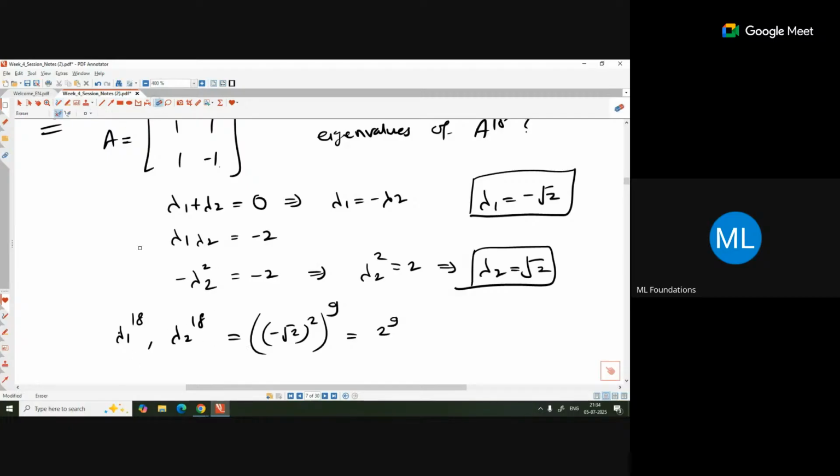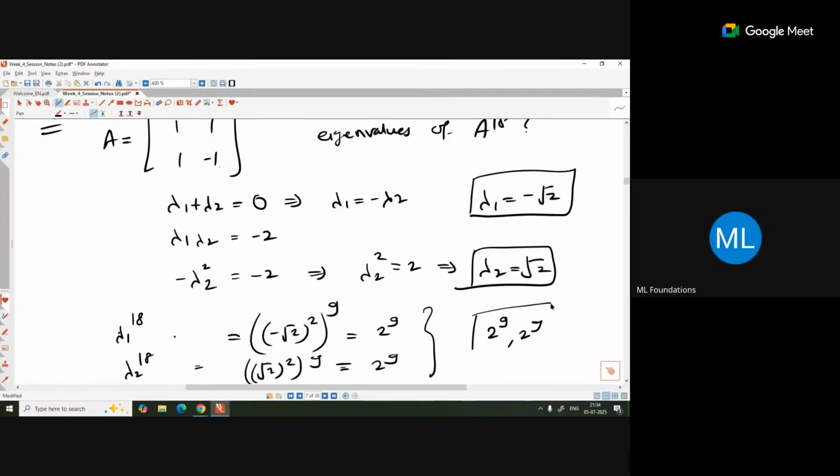I hope you understand this part. If not, let me know. I'm assuming that you know these things. I'm doing the same thing right here, to the power n. So the eigenvalues of lambda to the power 18 are the same actually. They are 2 to the power 9 and 2 to the power 9.